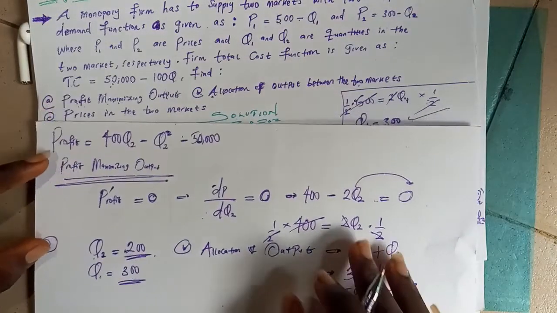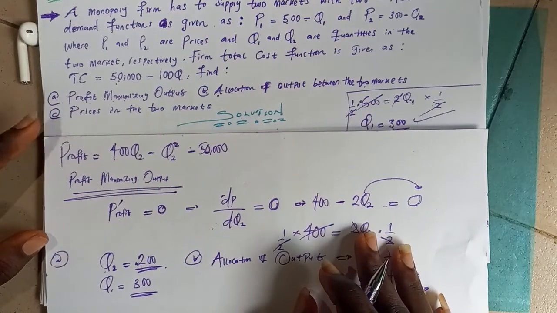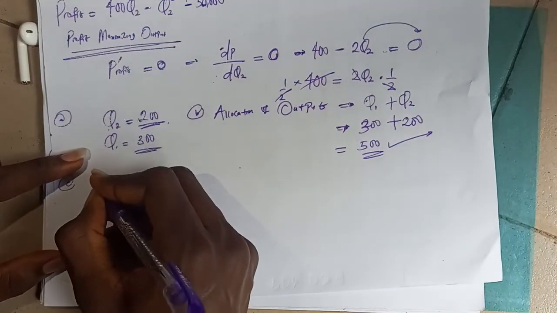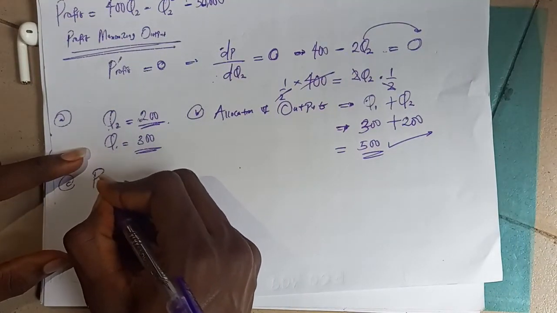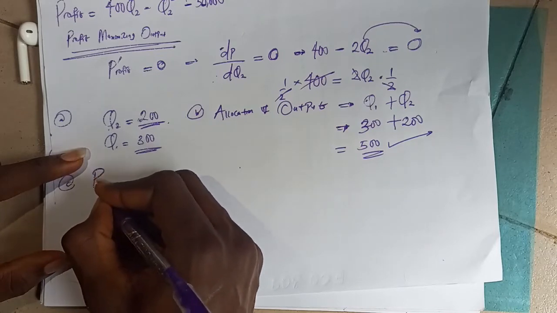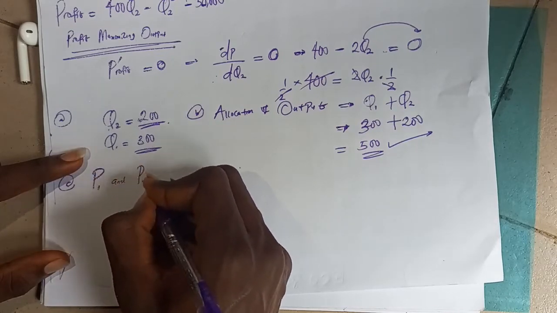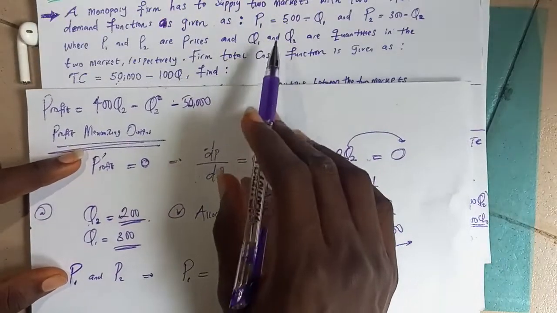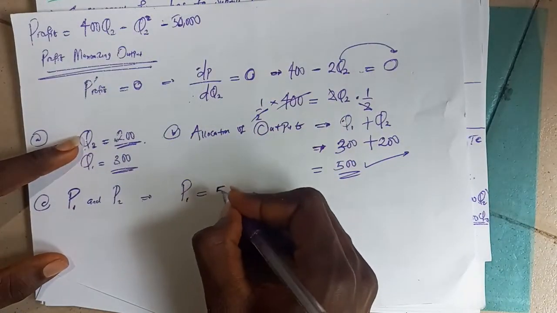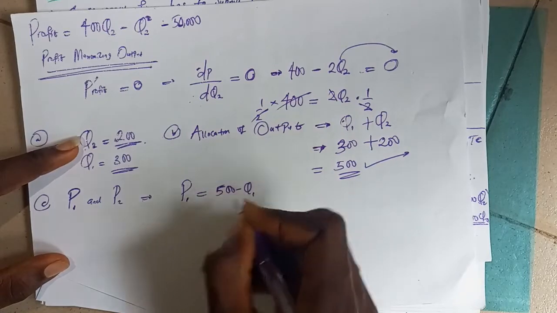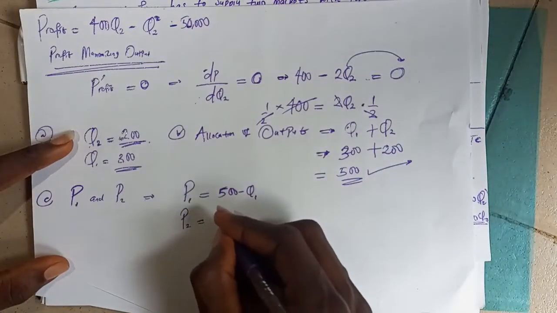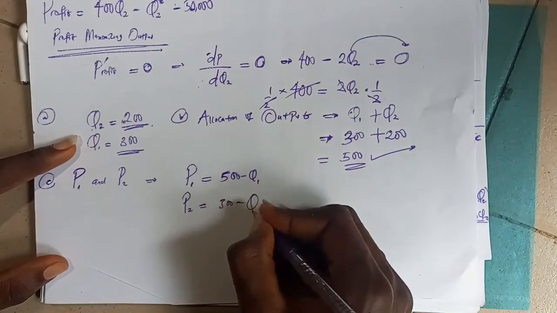And then the final question here says the prices in the two markets. The prices between the two markets are P1 and P2. And P1 is given as 500 minus Q1. And remember that P2, which is the second price, is given as 300 minus Q2.